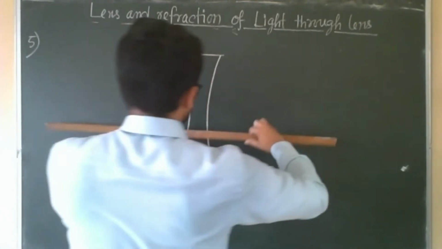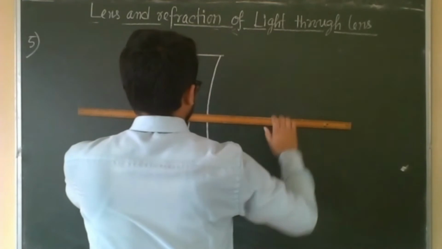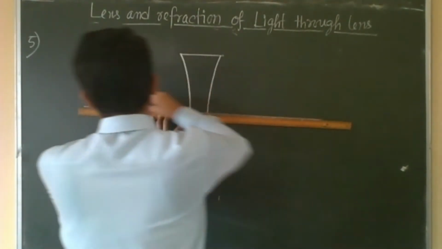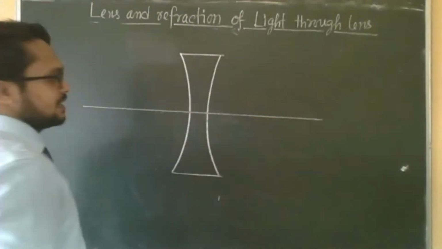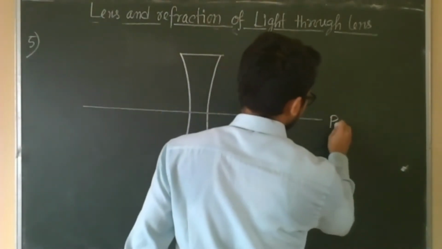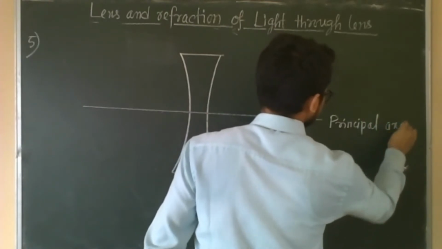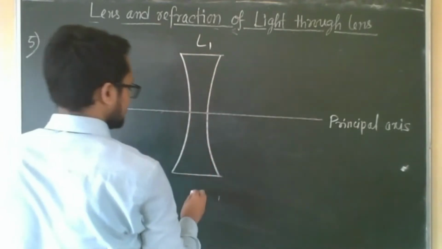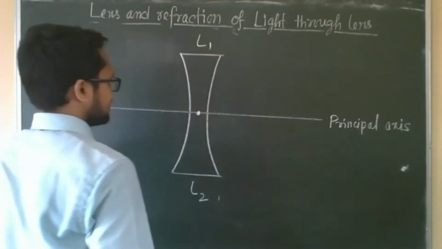Our definition of first focus is the point on the principal axis through which light will be incident, and after refraction they will be parallel to the principal axis. So this is the principal axis. This is the lens L1, L2, and this is the optical center O.